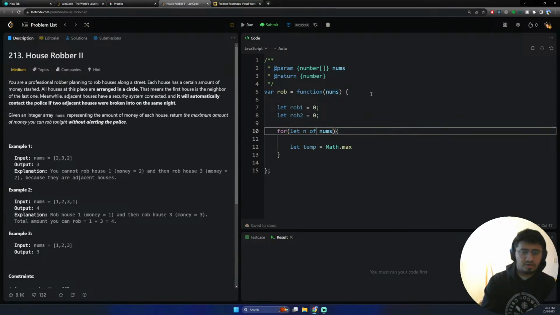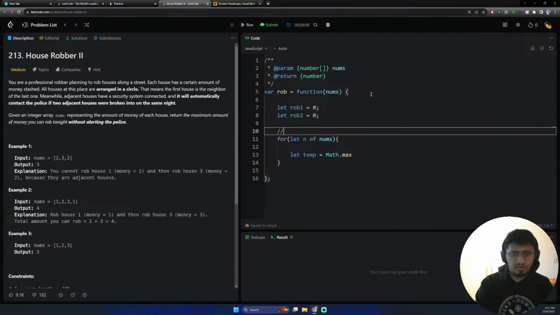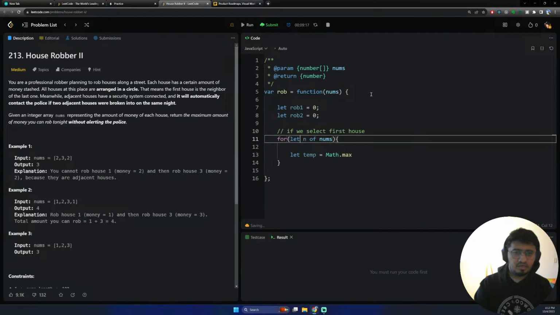Actually, we need to do this: if we select the first house, then I guess we need to do this. So i is equal to 0, i is less than nums.length minus 1, i++.